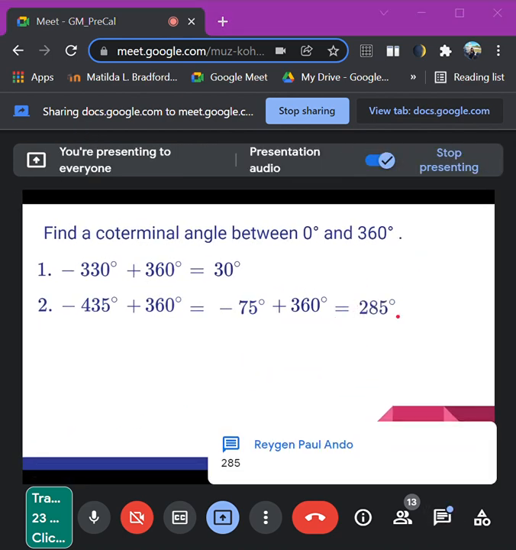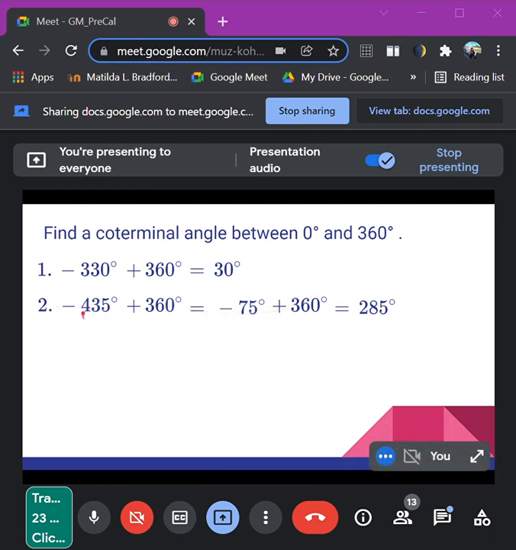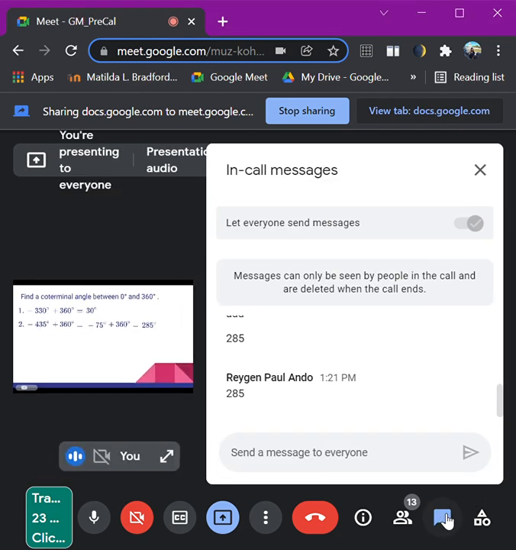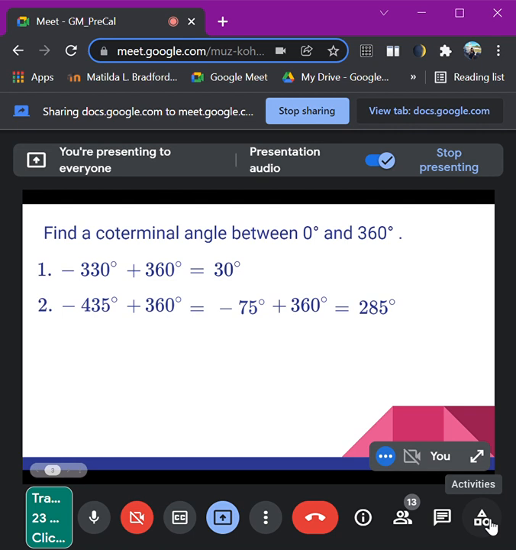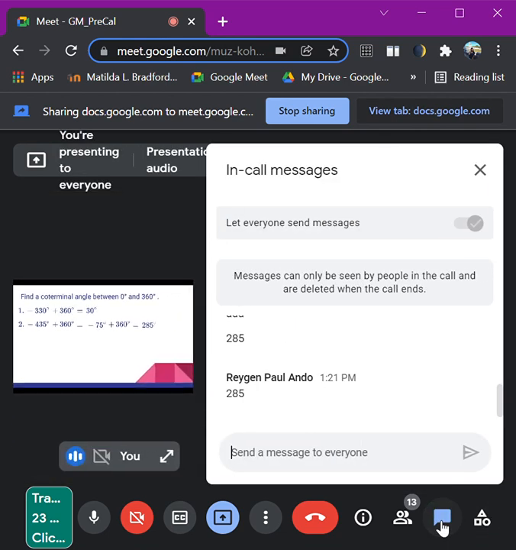So meaning to say, class, our coterminal angle of negative 435 between 0 and 360 degrees is 285 degrees. Okay, any questions so far for example number 2?